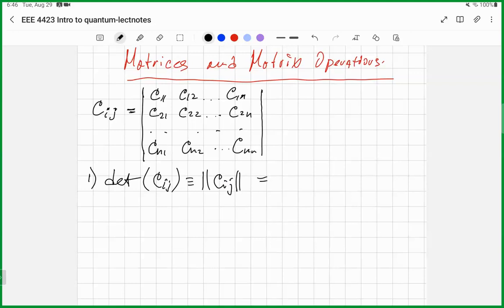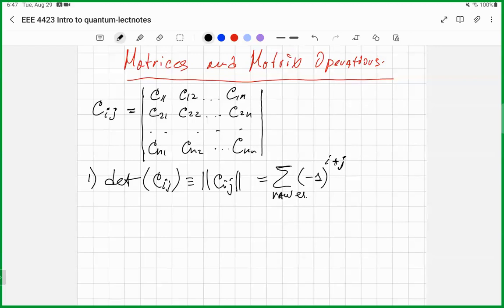So we already know that this determinant is given by the representation through minors. So it's basically the sum over the elements in one row, and then we have this (-1)^(i+j).